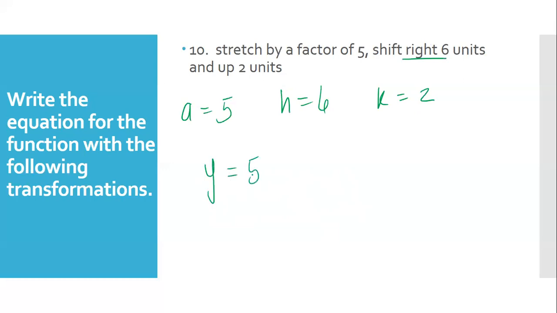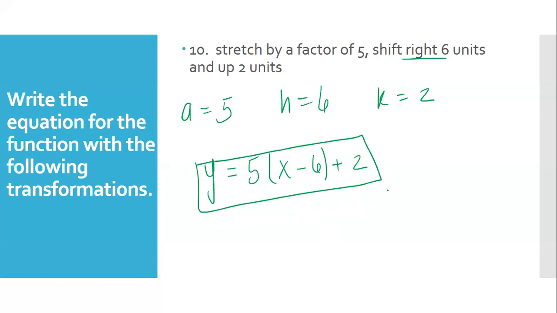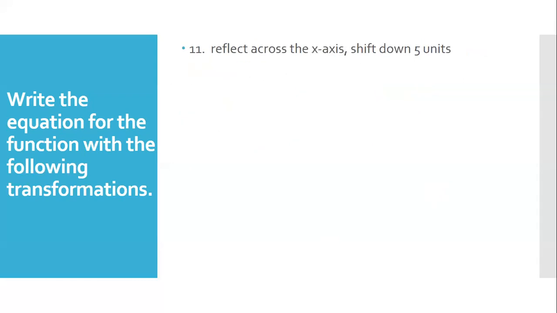Y equals 5, which is my A, times x minus 6, which is my H, plus 2, which is my K. Read, identify, plug in. Read, identify, plug in. Okay?